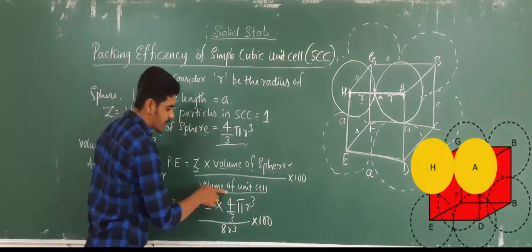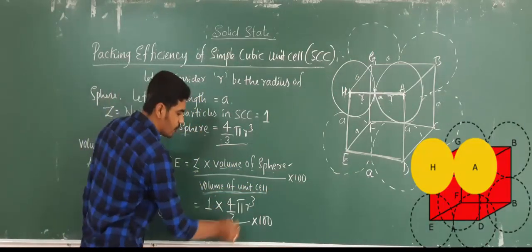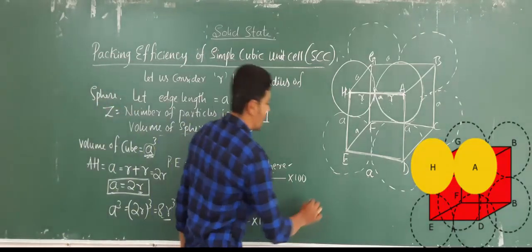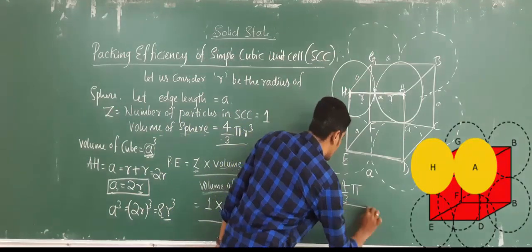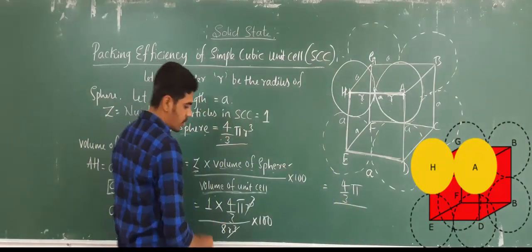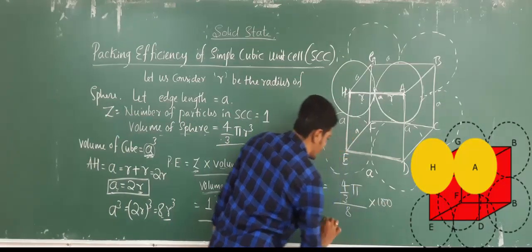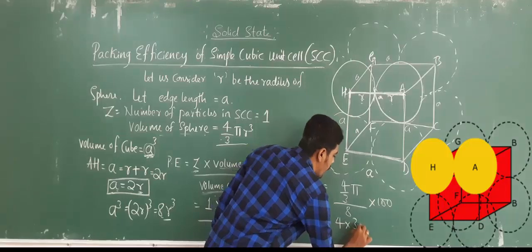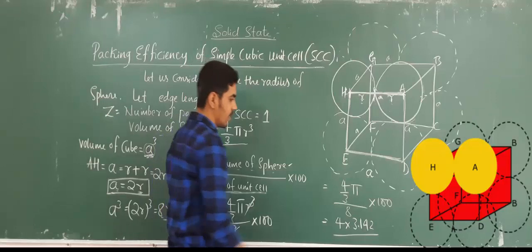Next, what will you do? Simplify this. R cube gets canceled. What will remain? 4 by 3 pi divided by 8 into 100. So 4 into 3.142, that is the value of pi.